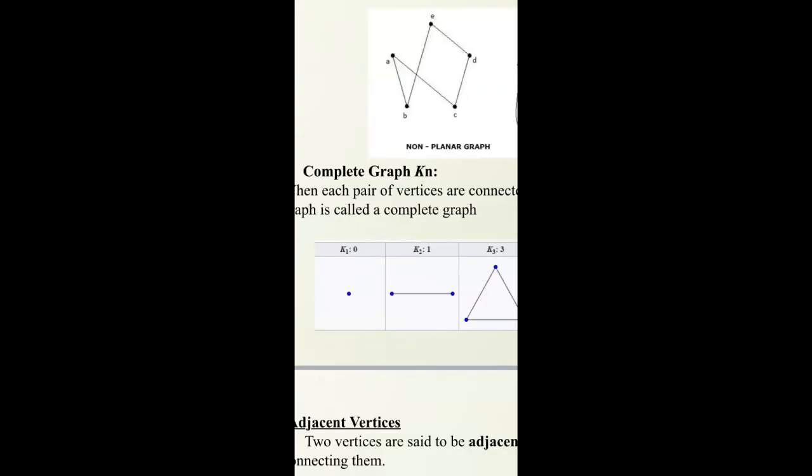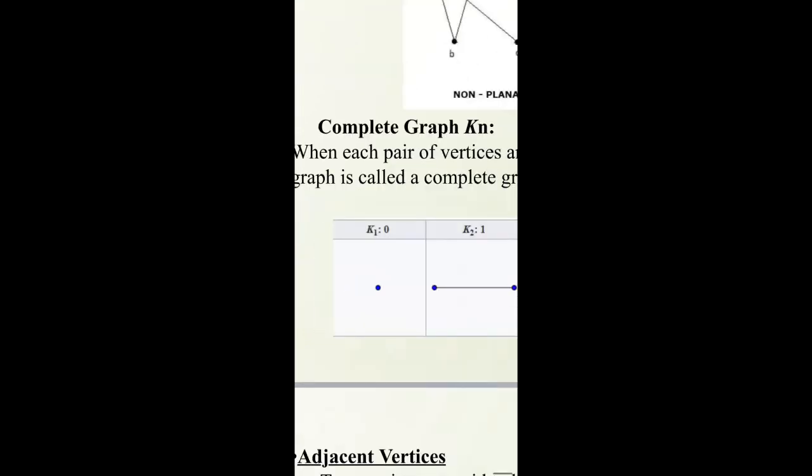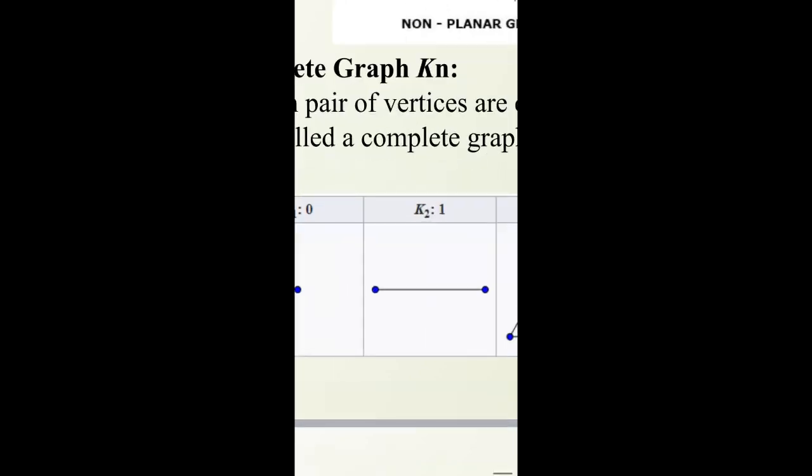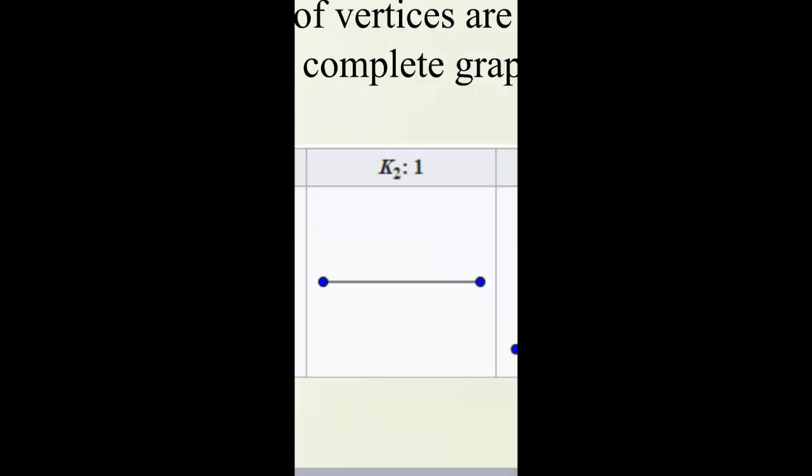For example, K1 is just a single vertex. K2 has two vertices and there is an edge between them, a complete graph with two vertices. Here it is represented as K2, 2 vertices and 1 edge.